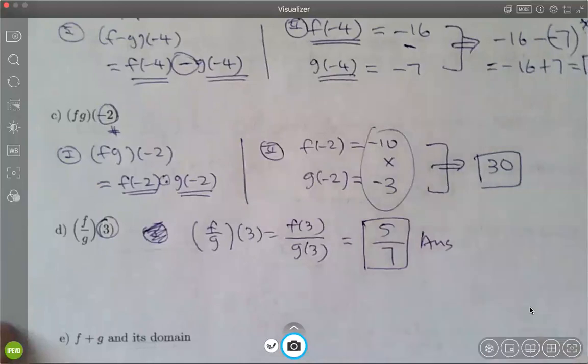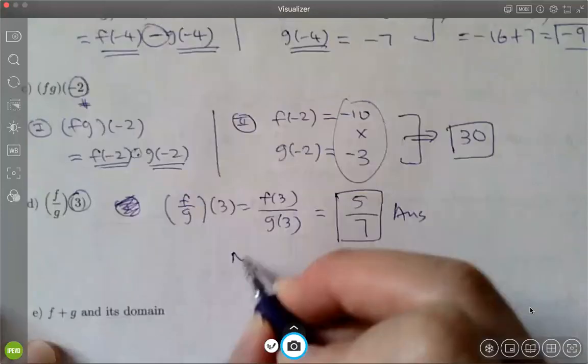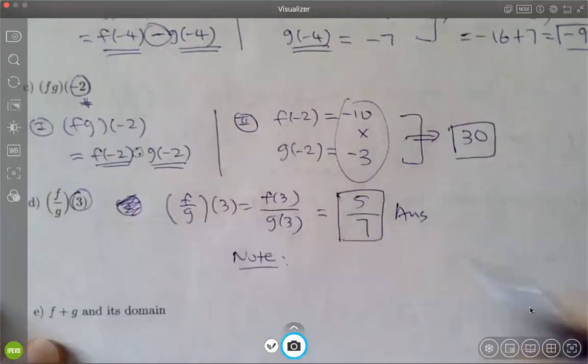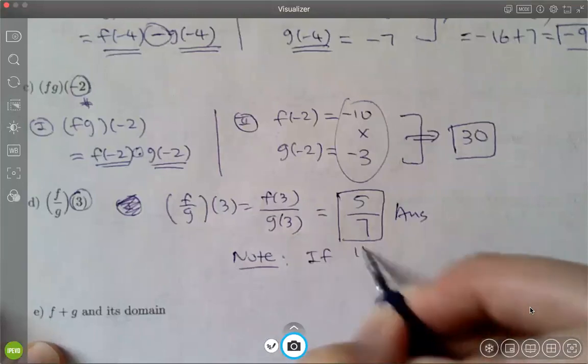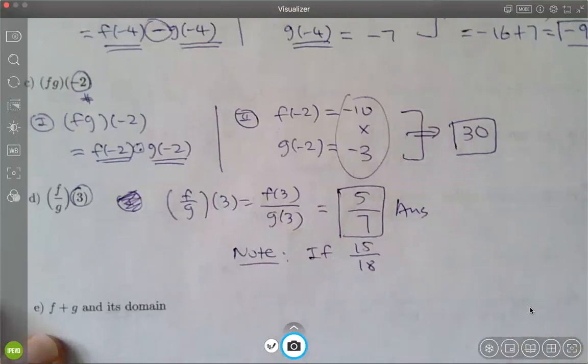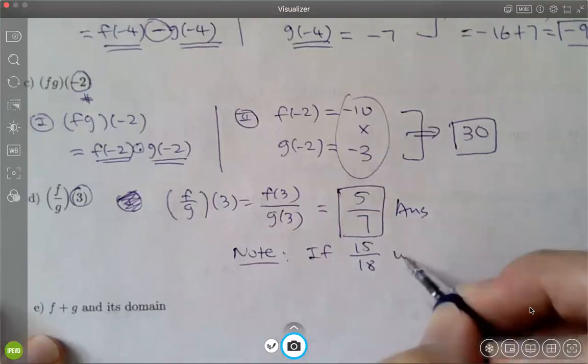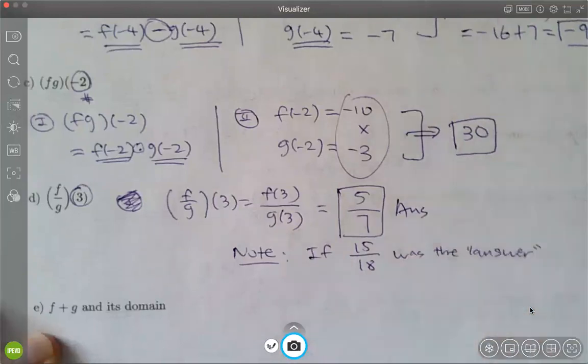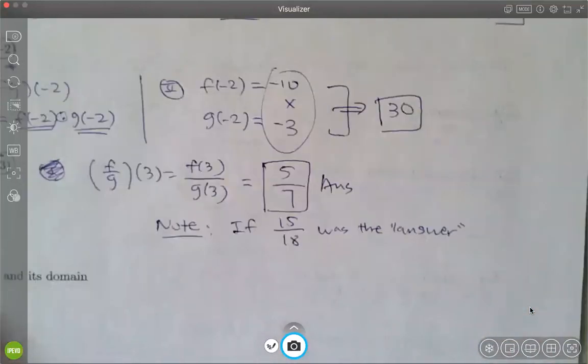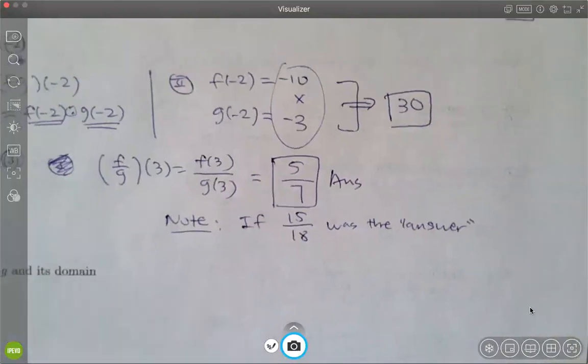Now be careful when you get something like this. If this were the answer, quote unquote, what do you have to do at the end? Reduce, right?